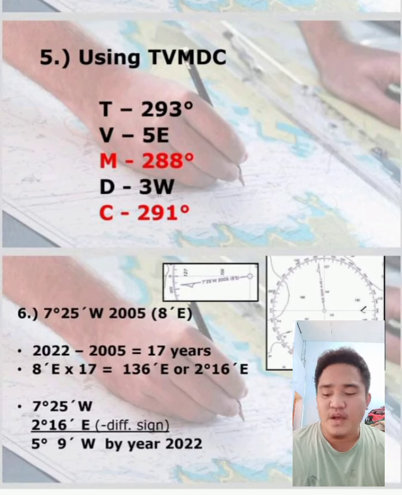So this is the formula. 7 degrees 25 minutes west 2005 and 8 minutes east. 2022 minus 2005 is equal to 17 years.